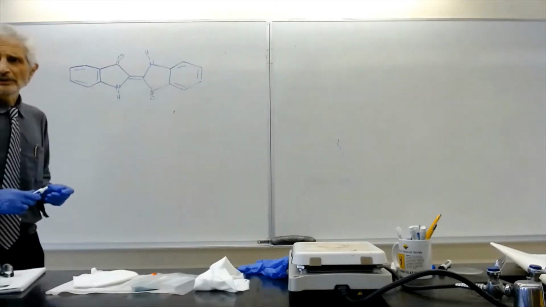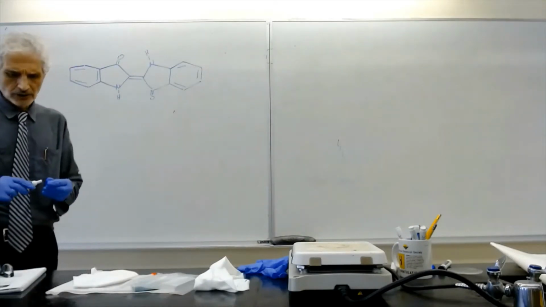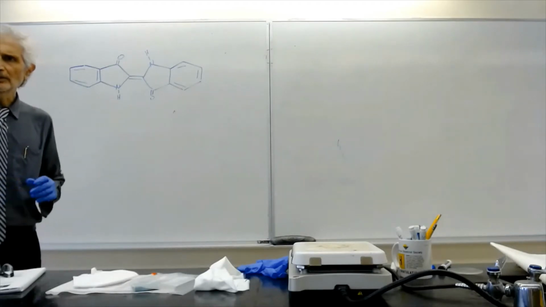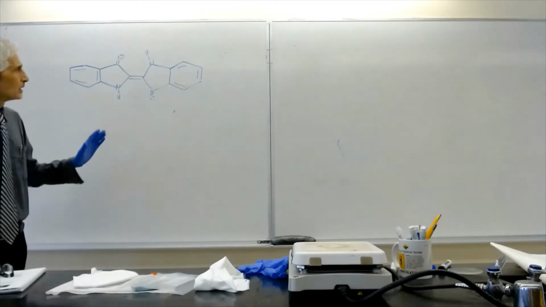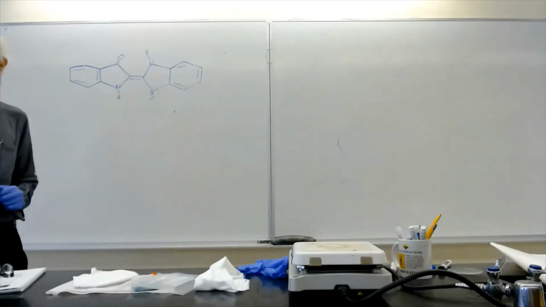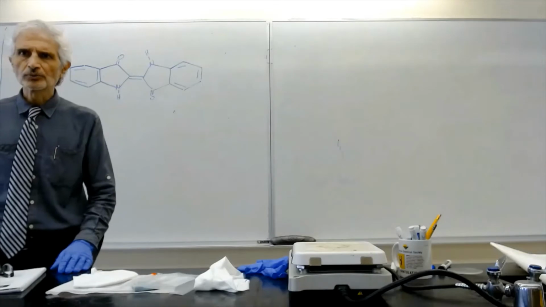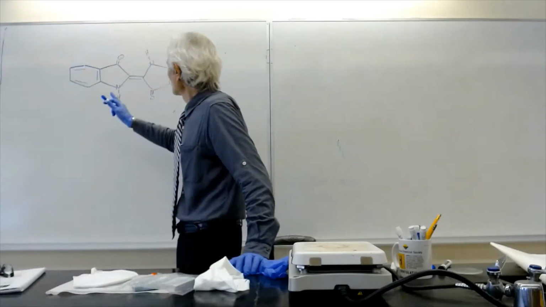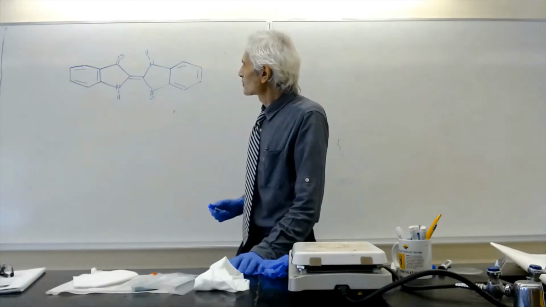I know this is a beginner's course in chemistry. You're not going to really recognize or know much about chemical structures or functional groups, but it is a pretty large molecule.